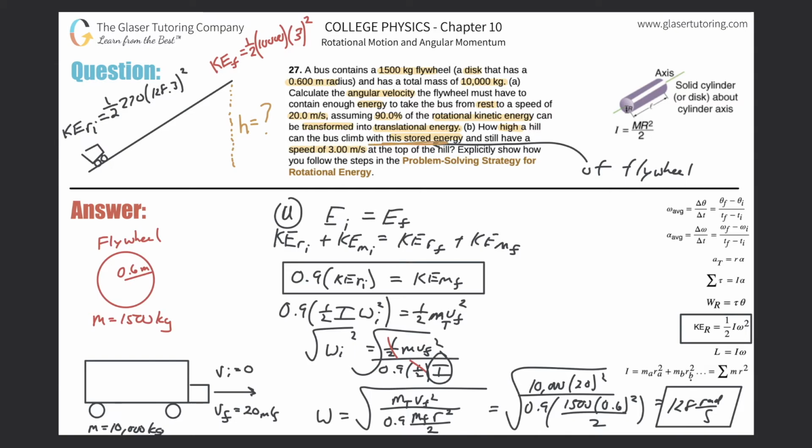If this stored energy, meaning the energy that is inherent in the rotating flywheel, is converted, actually I shouldn't say all, because we have to keep this assumption in play that only 90% is transformed. So 90% of this energy is transformed into kinetic energy finally, because it's moving at 3 meters per second at the end, and it will also be converted into potential energy.